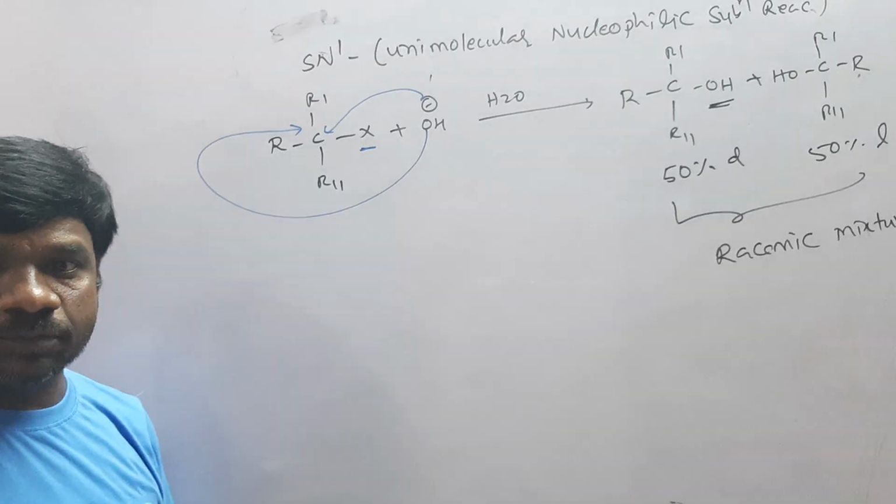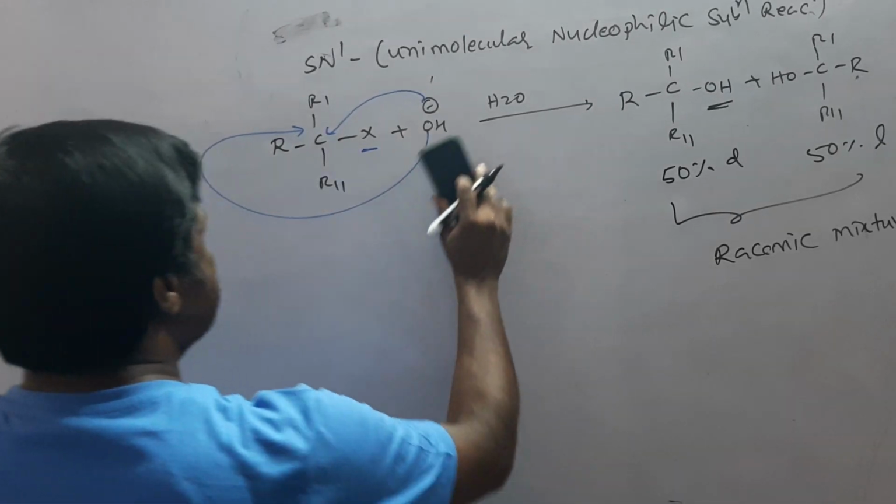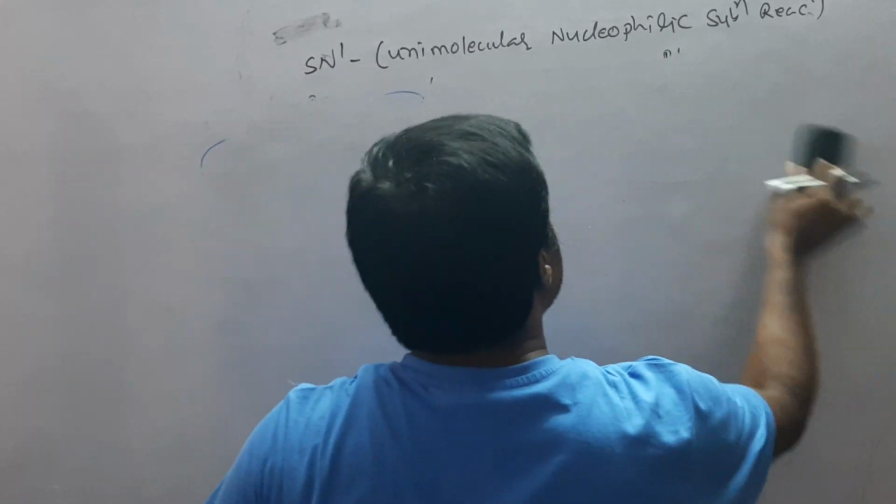I will tell you the mechanism of how this reaction is formed. This is actually a two-step reaction, step 1 and step 2. In step 1, the intermediate, a carbocation, is formed.